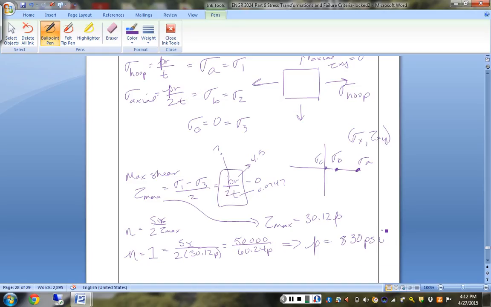So if our thickness assumption is right, and if the yield strength of the material really is 50,000 psi, we should be able to put 830 psi into that pressure vessel and be good to go.